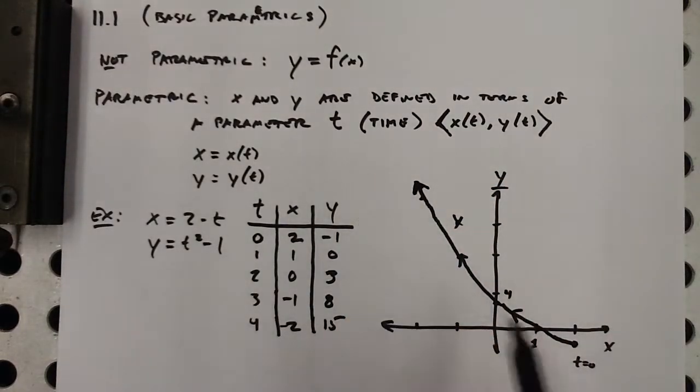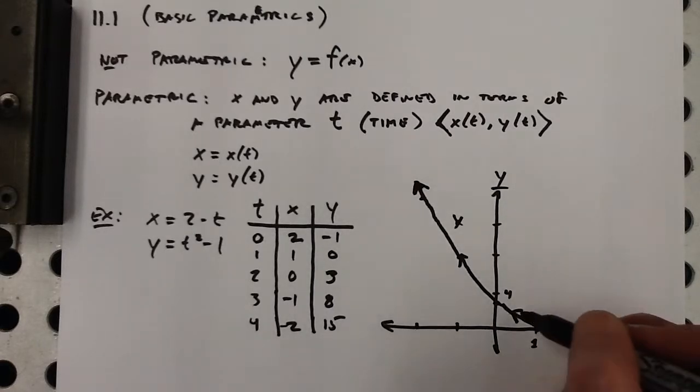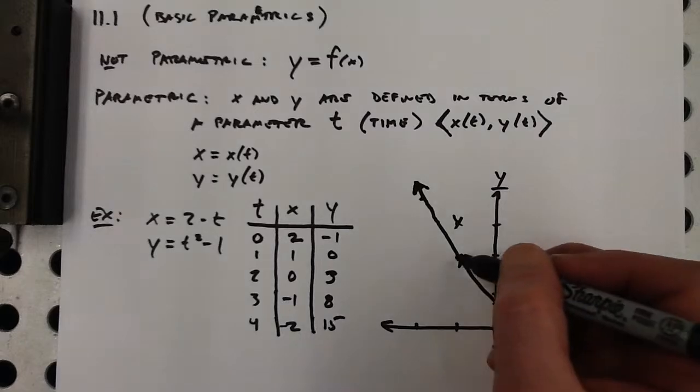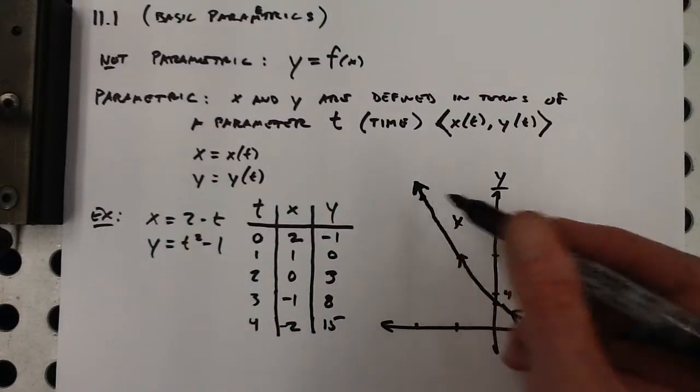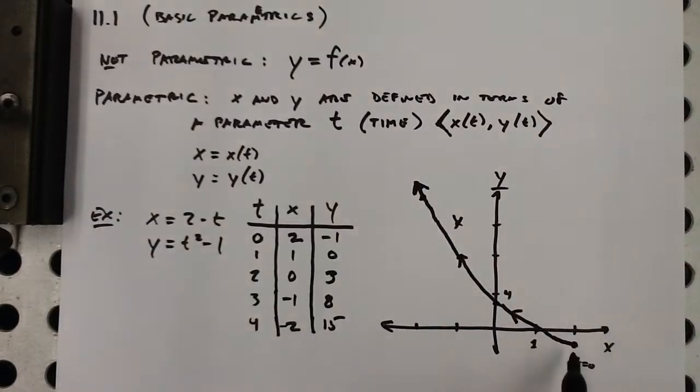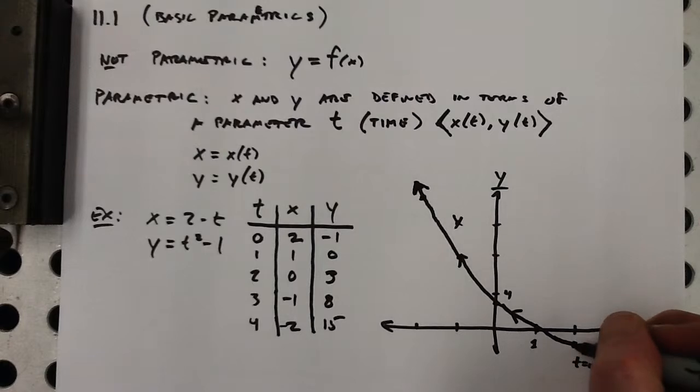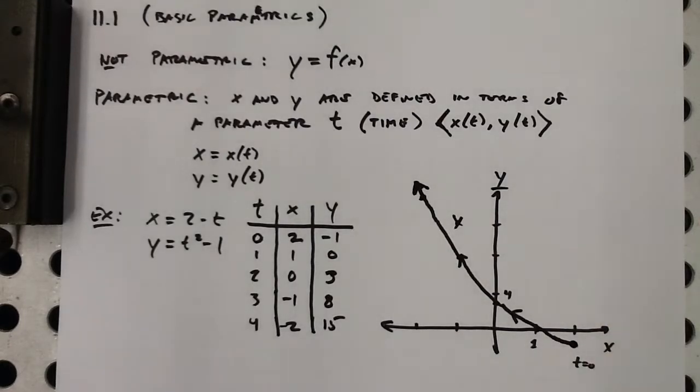Here, all these points are here, but they're definitely happening in this progression from time equals 0, time equals 1, time 2, time 3, time 4, and so on. And notice that I did not put an arrow on this end because I'm not going back to times before 0. So it also has a start here, which y equals f of x types of graphs do not. All right, so there's just an example of that.